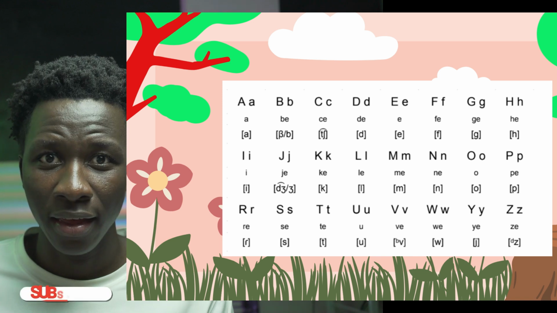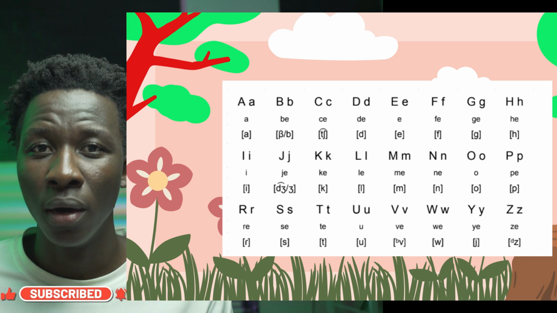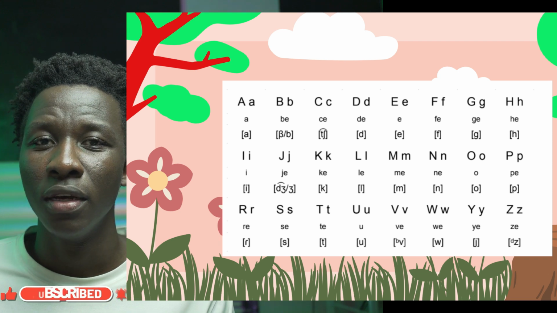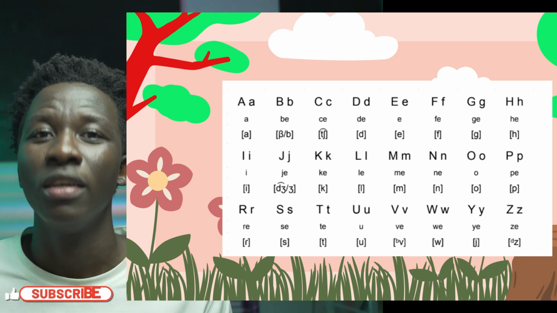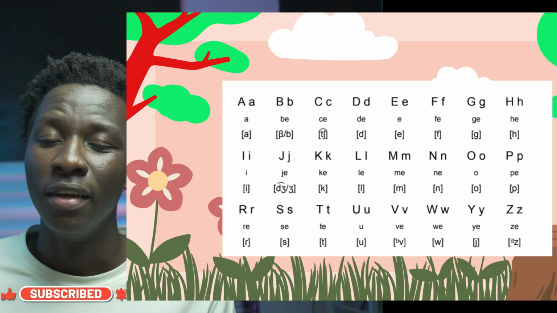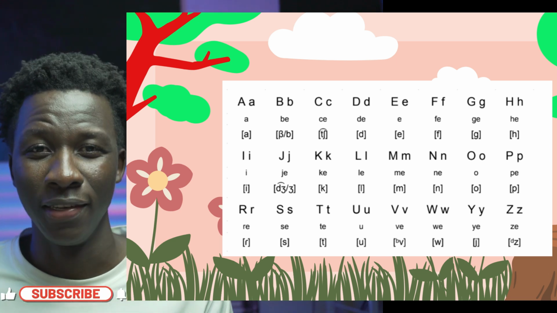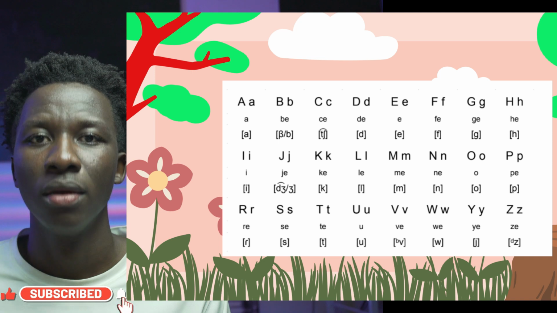In English we say O, but in Kirundi we say O. In English we say P, but in Kirundi we say pe.